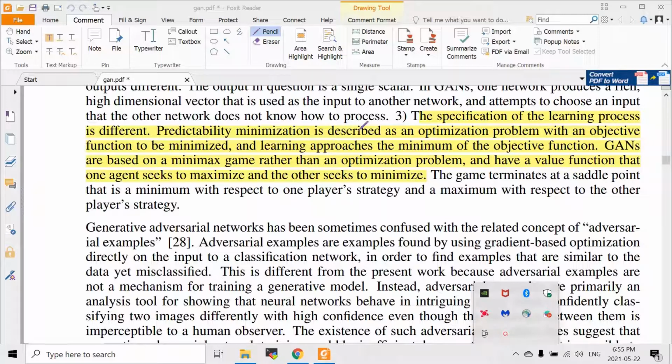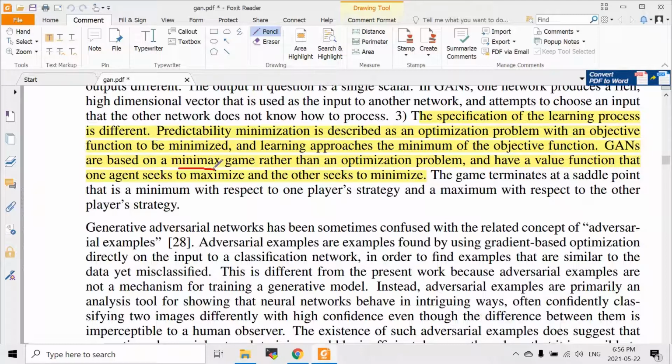So basically, predictability minimization is when we have objective functions and we are taking steps. We have a cost function and we want to minimize the cost, right? But here, this is a minimax game.